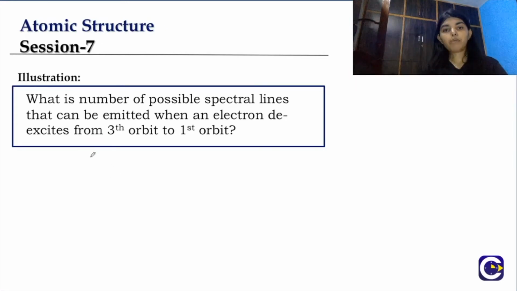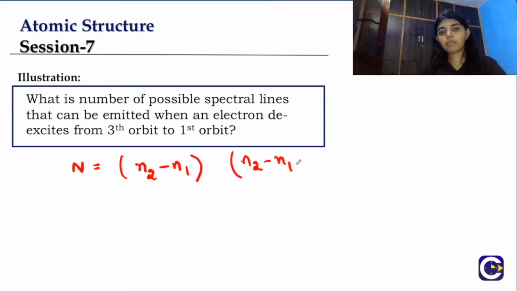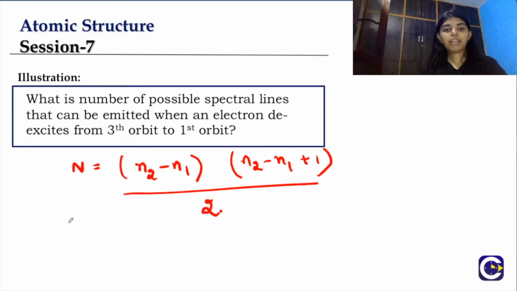So a general formula to find out the number of spectral lines is N equals (n2 minus n1) into (n2 minus n1 plus 1) divided by 2, where obviously n2 is greater than n1.